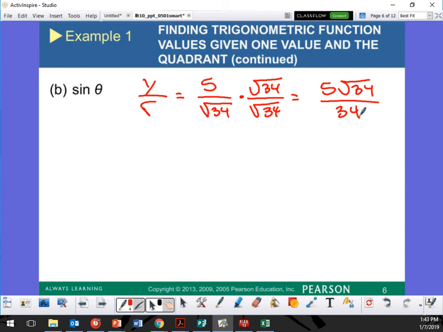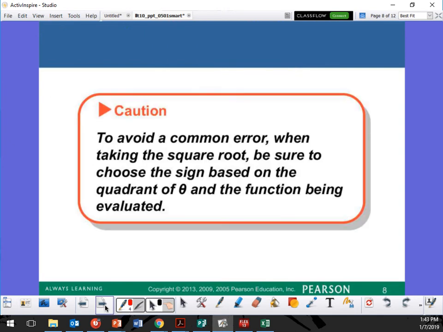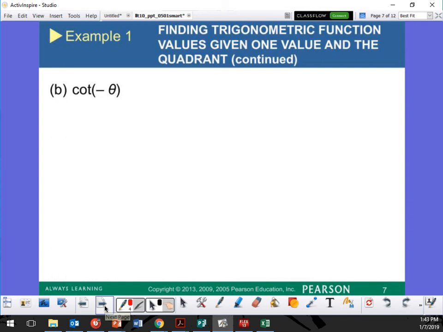Okay. X over R, right? So this next one is cotangent, right? X over Y. That says cotangent of a negative angle, though. So if it's supposed to be in quadrant 2, it's in quadrant 4. Let's take a look.